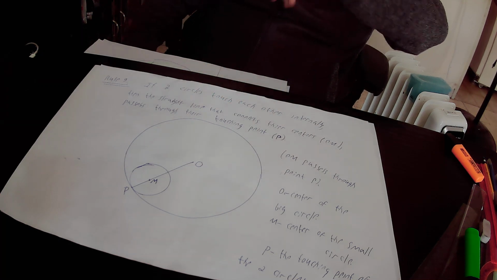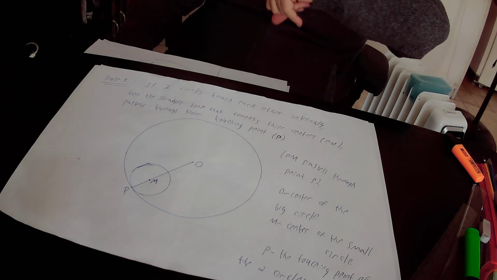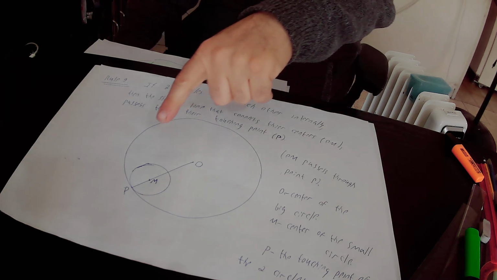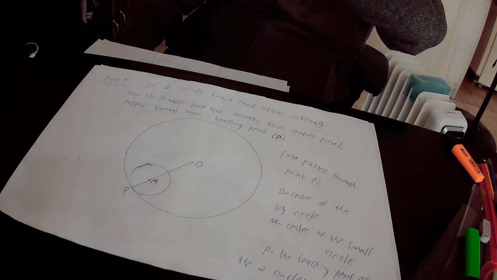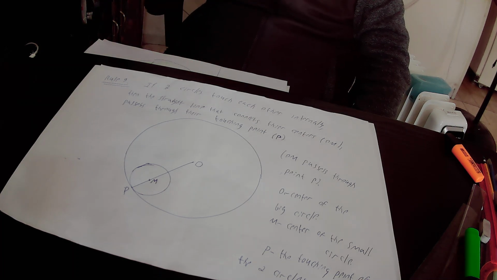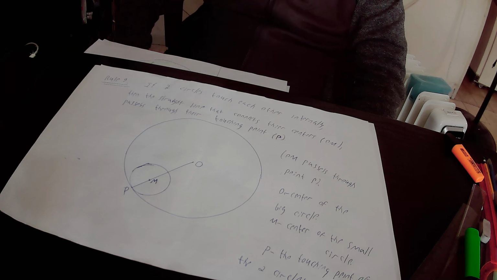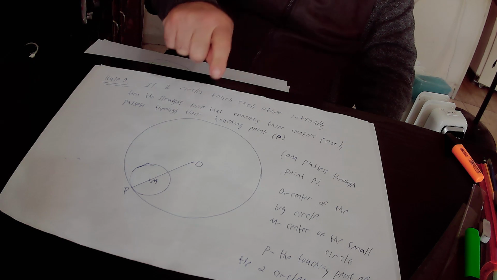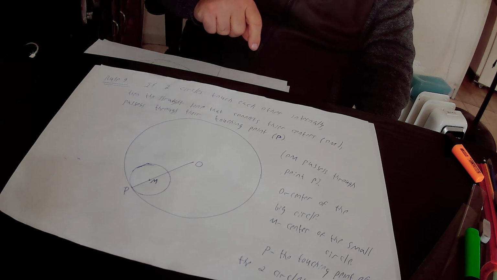In this drawing, we have an internal touch between those two circles, that is to say they are touching each other internally at point P. Point P is their touching point. So whenever you have an internal touch between two circles, you can implement rule 9. And according to this rule 9, the straight line that connects their centers together must pass through their touching point.